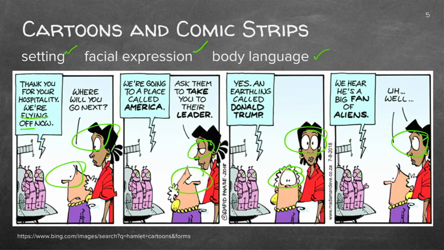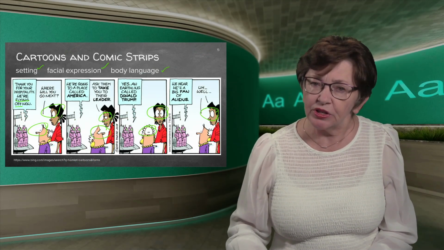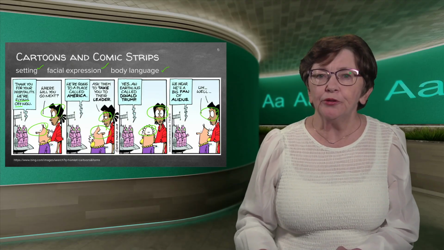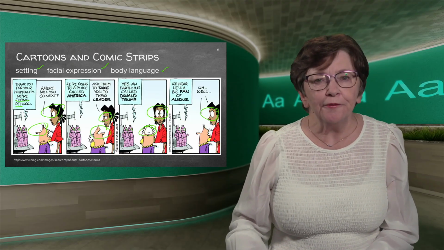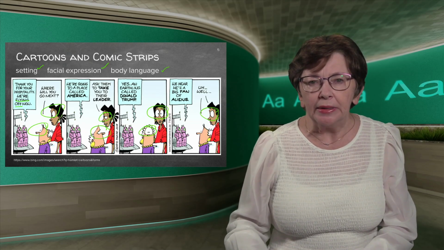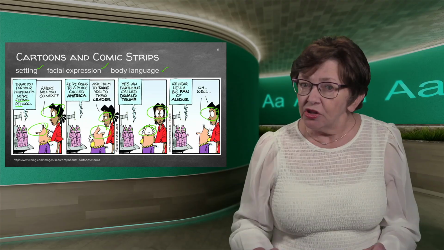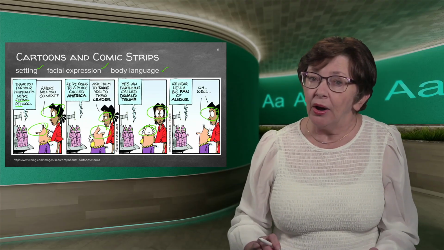Now, once again, I assure you that there will be questions on body language and on facial expression. And you're going to have to try and figure out from the meaning of the whole comic strip what they mean, how the facial expression or the body language actually suggests something about an attitude.